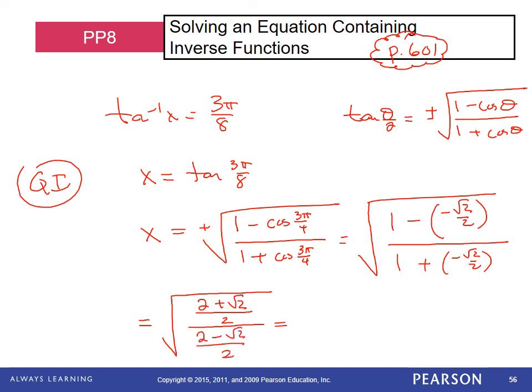And what happens to my two denominators? You can multiply by the reciprocal or just cancel. So we get the square root of 2 plus root 2 over 2 minus root 2. And we say that is simplified.